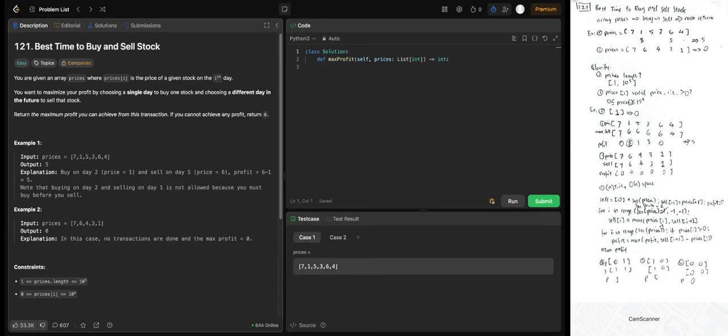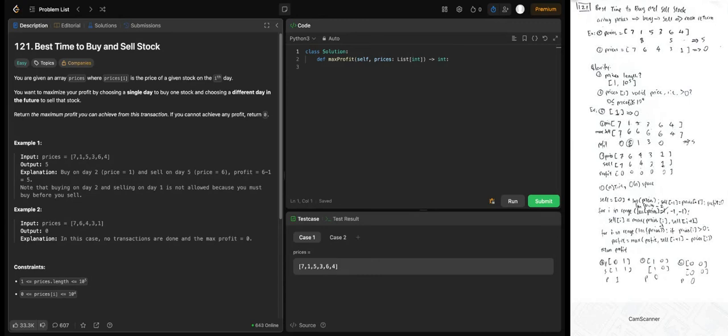If we have 0, 1, the sell array would be 1, 1, and then the profit would be, well, 1.